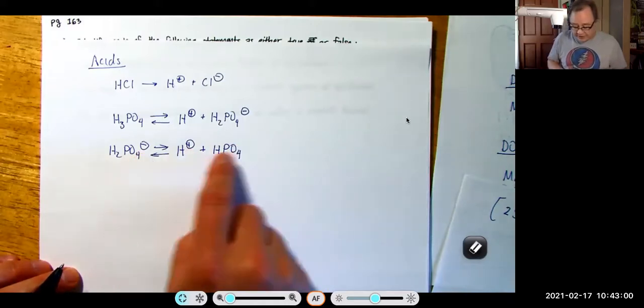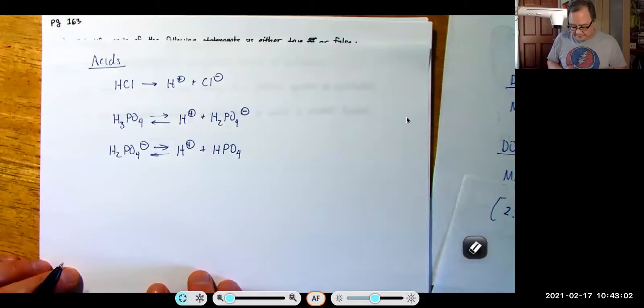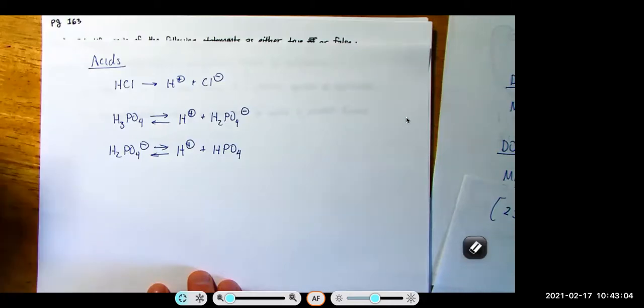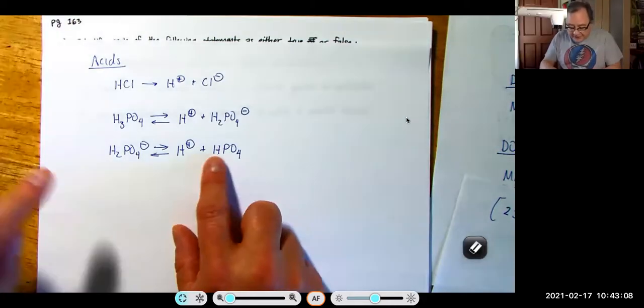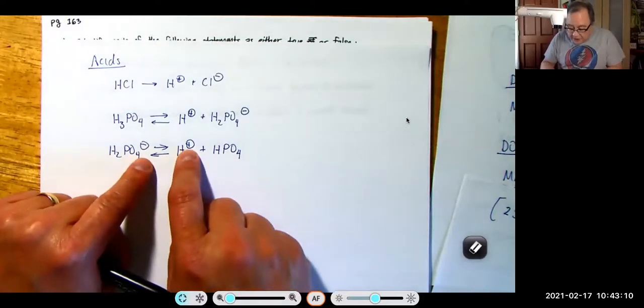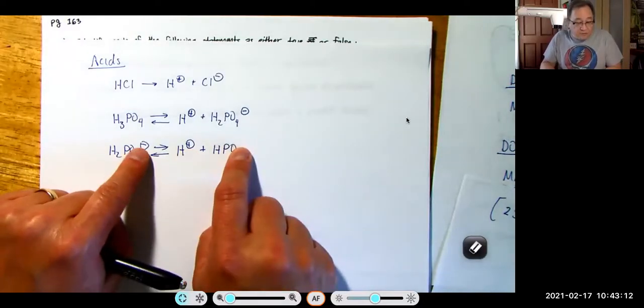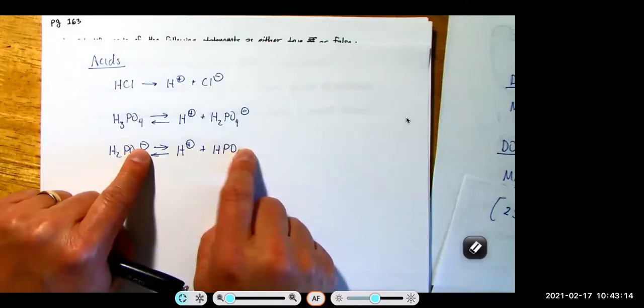So what's the charge on that? Well, phosphate's 3-. Right, but here, all we have to do is look at this. The charge on this plus the charge on this has to equal -1. 2-. Right.